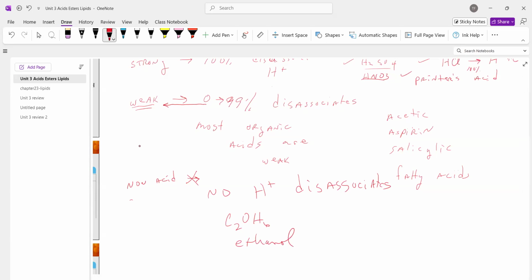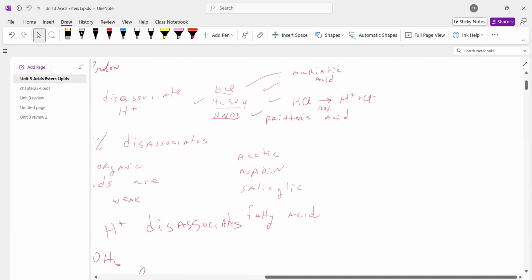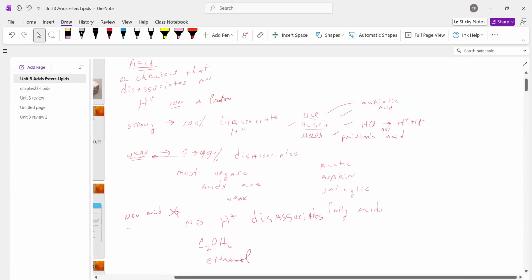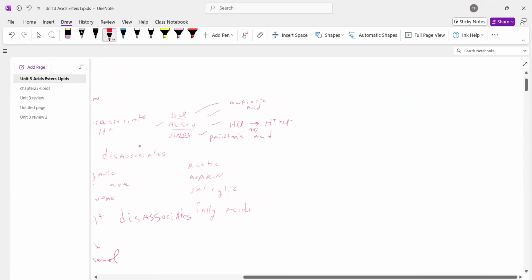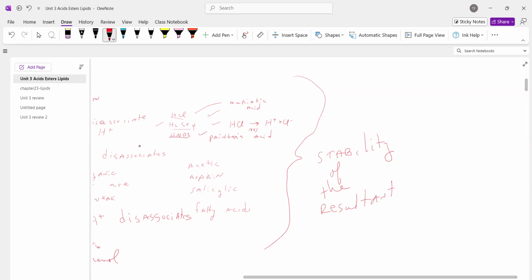Okay, so this is basically driven by how stable the acid is after it loses its hydrogen ion.